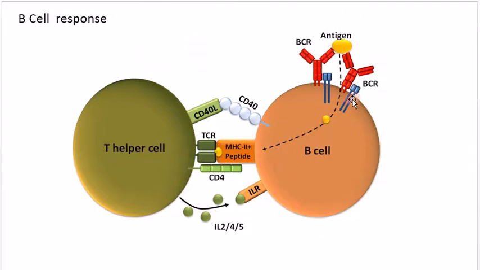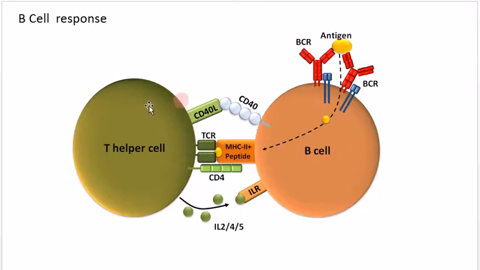B cells will try to produce antibody which will be exactly complementary to the antigen, so that it gets destroyed by the antibody. The B cell needs the help of T cells to inform and prepare itself.